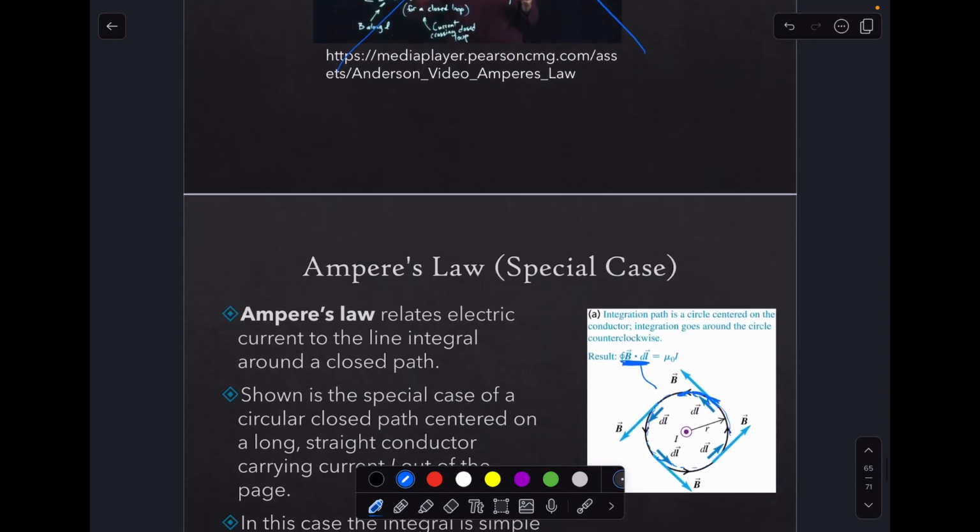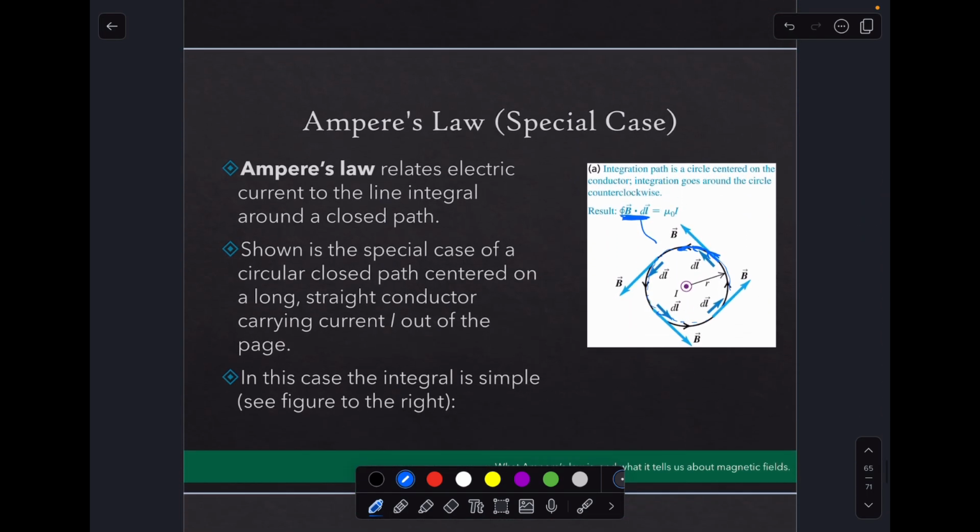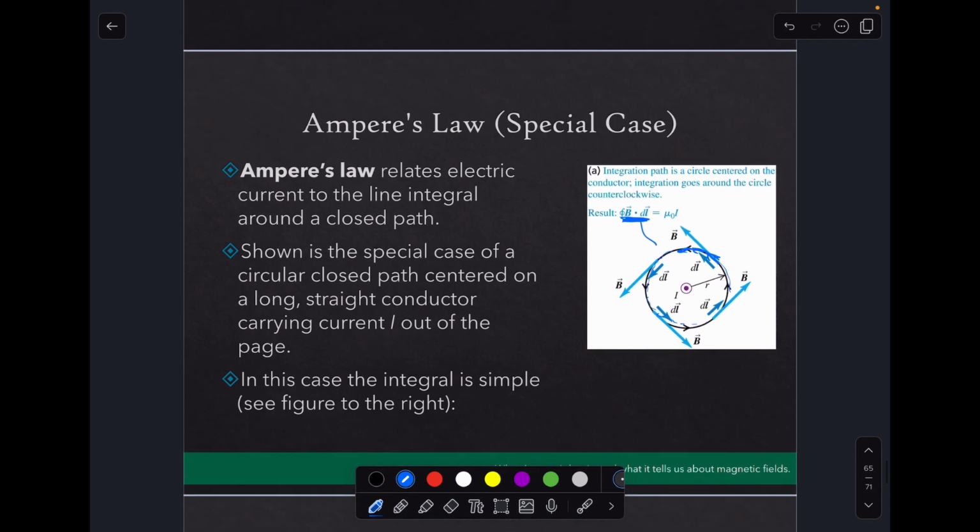So Ampere's law, not going to be tested on that, but I will just explain briefly what Ampere's law states. It is one of Maxwell's equations, and basically, if you were to integrate the magnetic field vector around a current carrying wire, the result of that, which is very similar to a flux, okay?